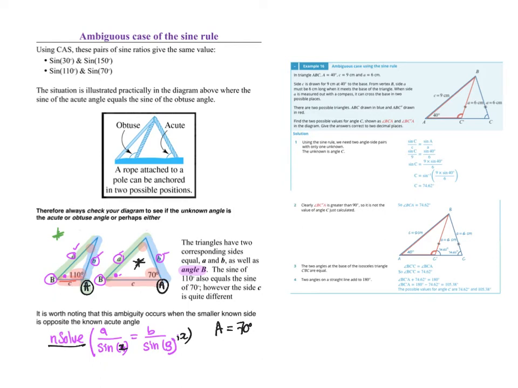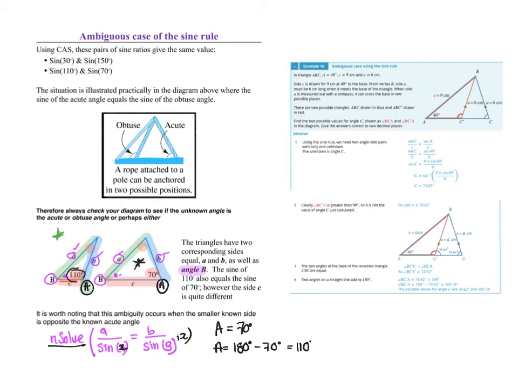To get the other scenario, when you have a case like this, so they might say, what's the other situation? The way you get the other angle is you always do 180 minus the first one you got. So 180 minus 70 equals 110. So you can see that's how we've come up with the other solution there, when it could be that.